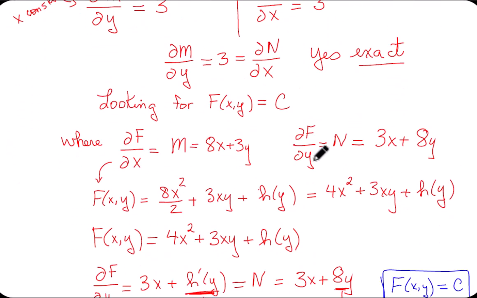So I'm looking for, when it's exact, a function of the form F of x and y is equal to c. So what do I know? I know that the derivative of this function I'm looking for with respect to x is M. All right, well, here's M, and so to get F, I would integrate this, and I get 8x squared over 2 plus 3xy.